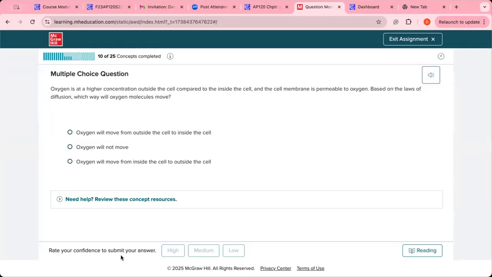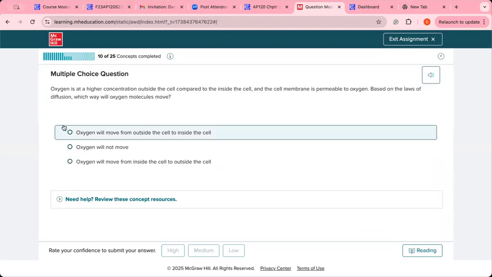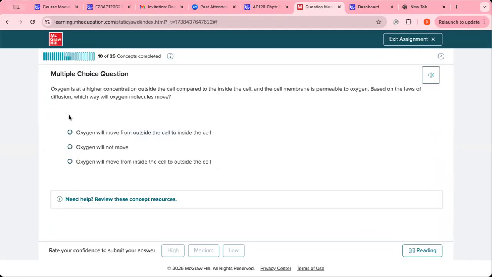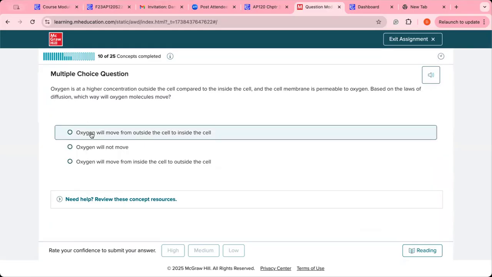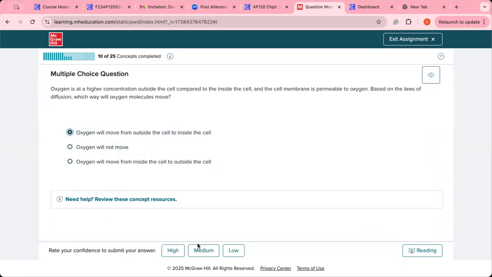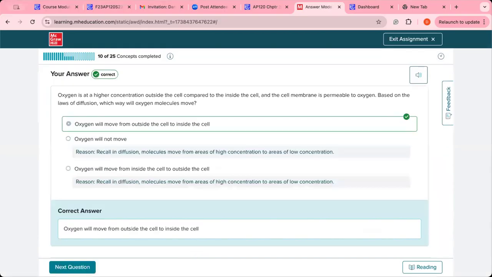Diffusion always moves from where it's higher to where it's lower. Where is the oxygen higher? Outside. So it's going to move from the outside to the inside. That's why they had to tell you that. If it's diffusion. Now, if it's active transport, then it's different.